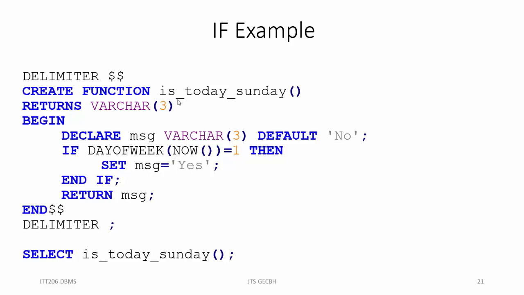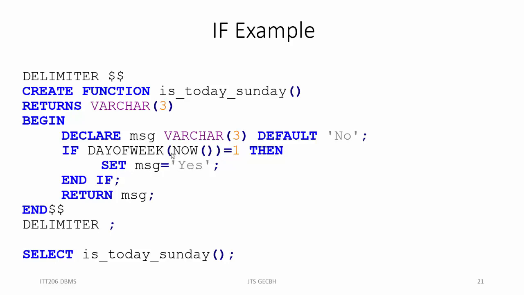Create function is_today_Sunday, and it returns a varchar of size 3. Then inside begin and end, we'll be writing these statements. Here we have a message that is by default 'no', and it will be converted to 'S' if the day of the week is equal to 1.